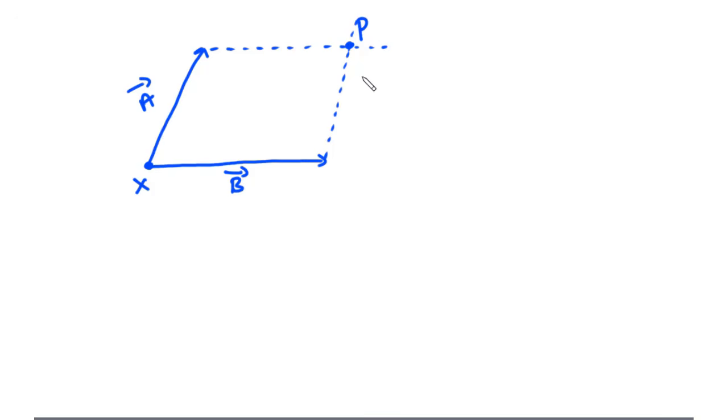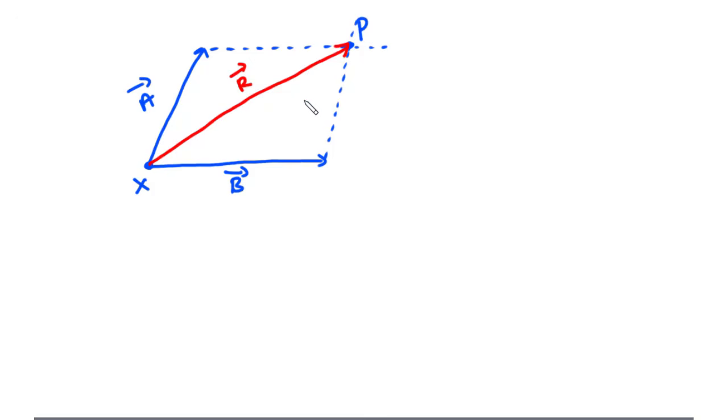Now the diagonal of the parallelogram, which extends from point X through to point P, is called the resultant vector. The approach used to find the resultant vector is made possible due to the parallelogram law of vector addition, which states that if two vectors are drawn from a common point as two adjacent sides of a parallelogram, the resultant is the diagonal of the parallelogram.